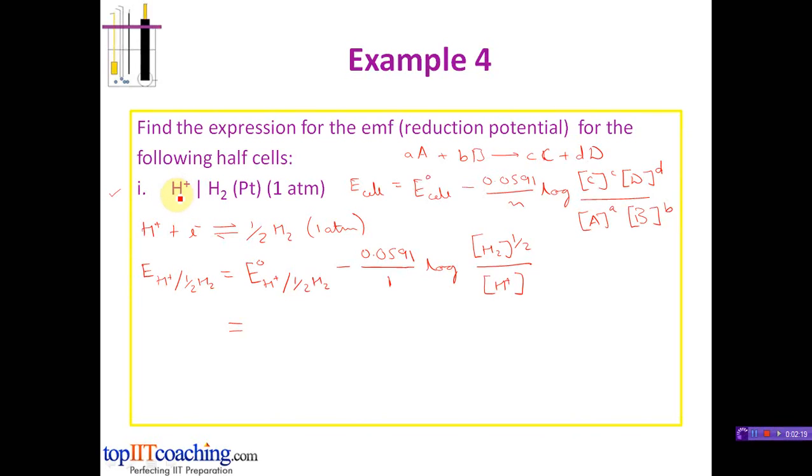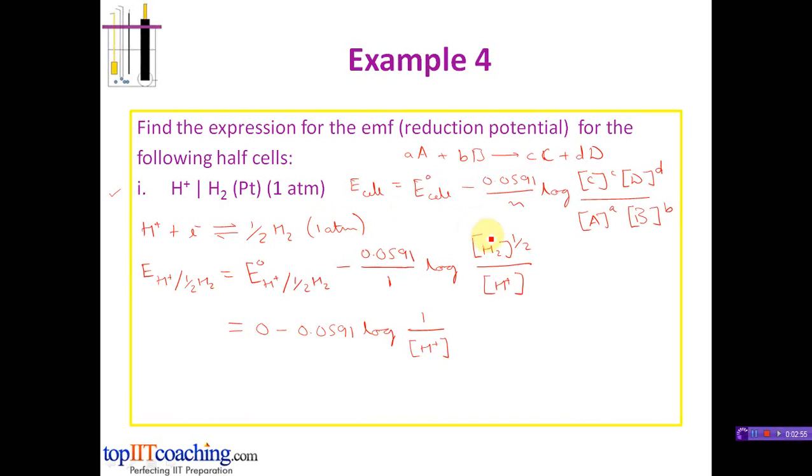Now if you remember standard hydrogen electrode, this was the representation of SHE, and we also discussed that it has been given an arbitrary value of electrode potential equal to 0. So E naught H plus slash half H2 will be 0 minus 0.0591 log 1 upon H plus.